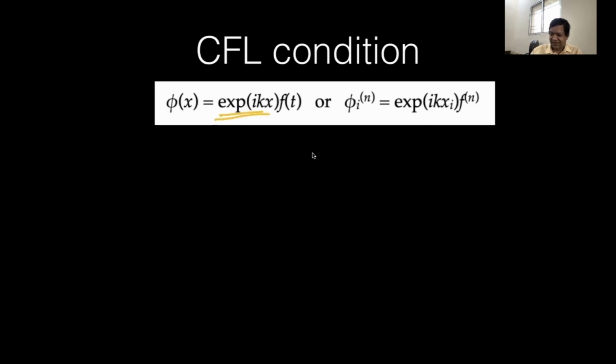So my function phi(x) is e^{ikx} f(t). f(t) is what will change with time, and we see whether f(t) is growing in time. Solutions should decrease in time. If f(t) grows as a function of time, then we say the scheme is unstable.